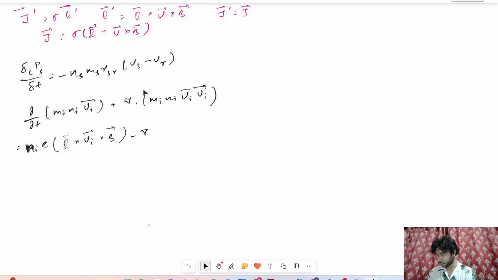We're going to write the equation for ions first and then for electrons. So this is the collision term Ni nu IE ui minus Cu.